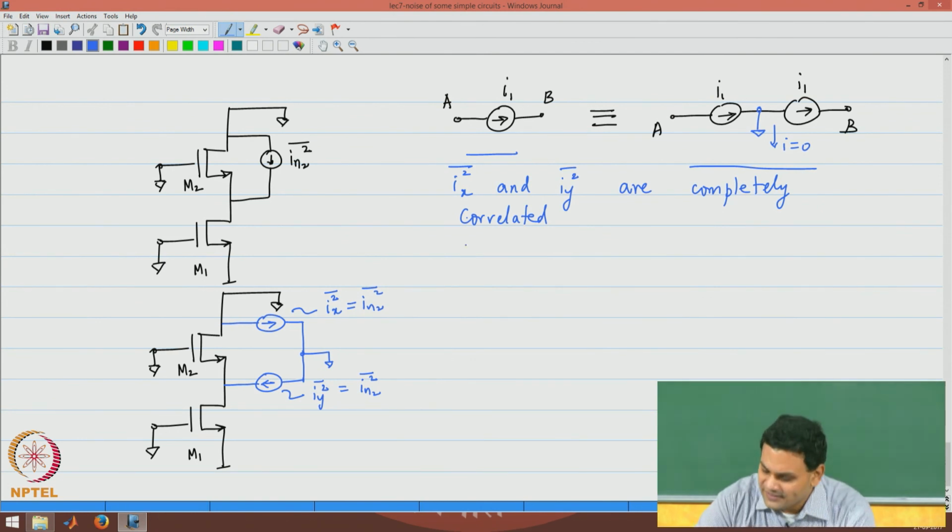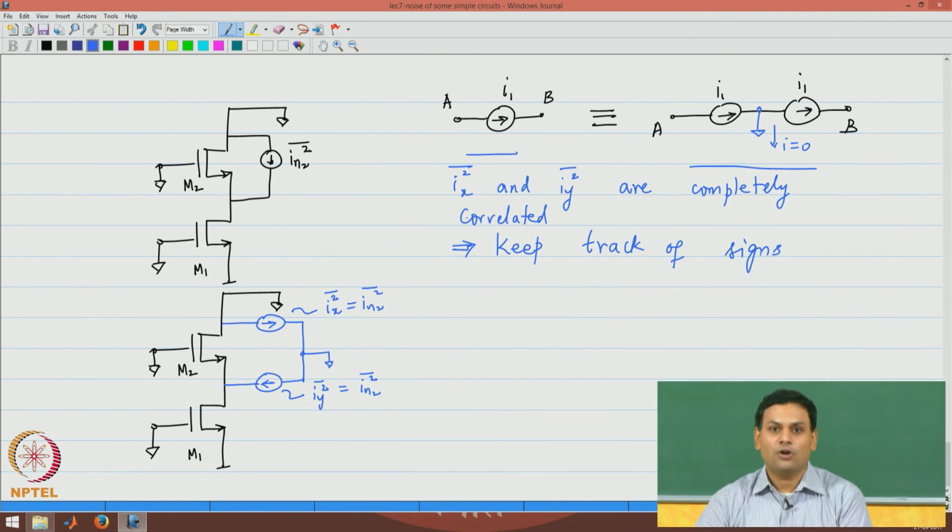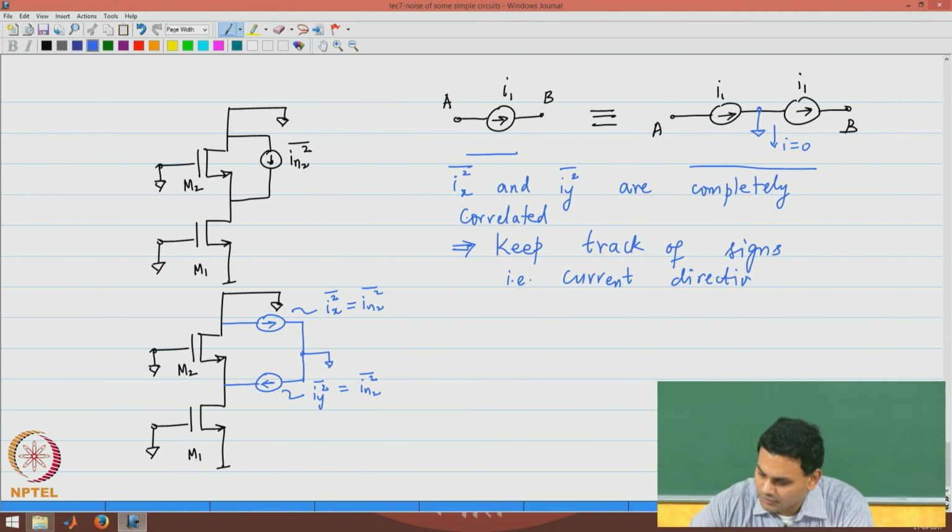What this means is, whenever you hear the word correlation with respect to noise, you need to keep track of signs of the noise voltages and currents. In this case, we need to keep track of current directions.